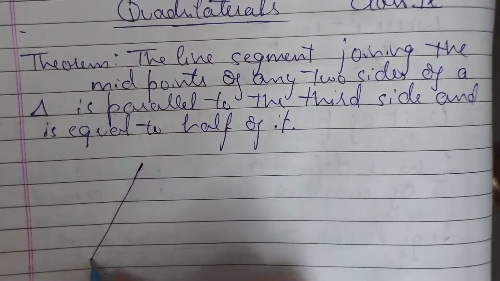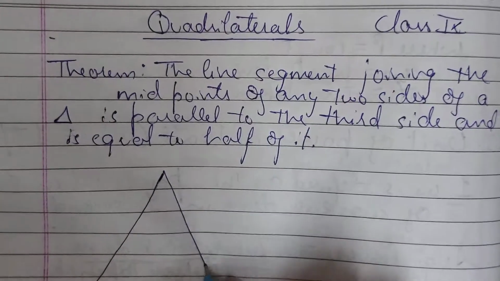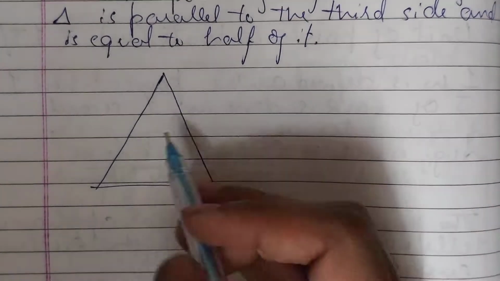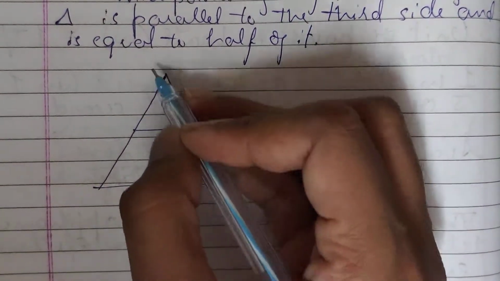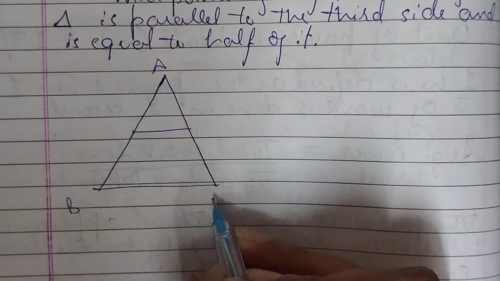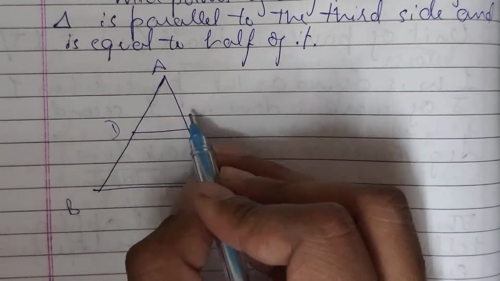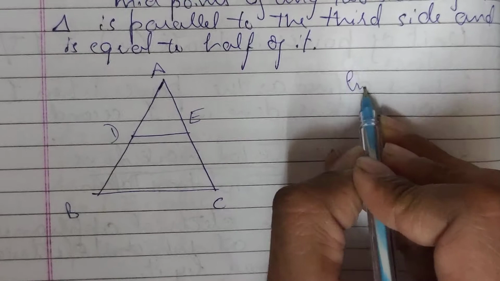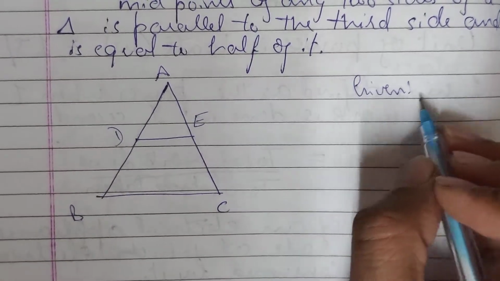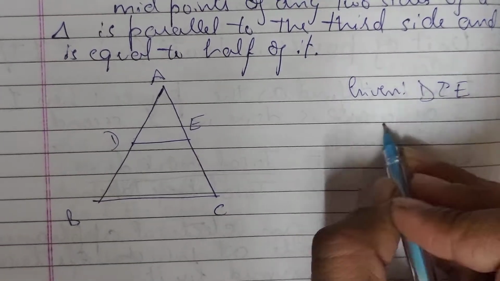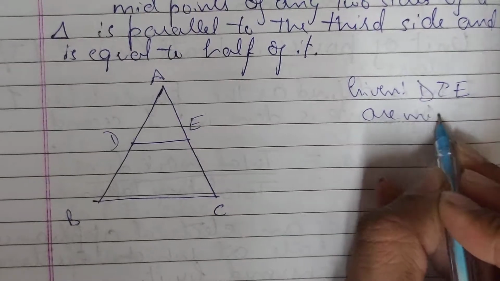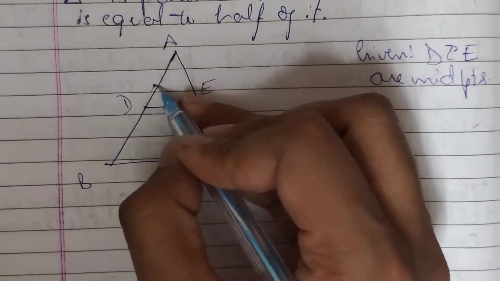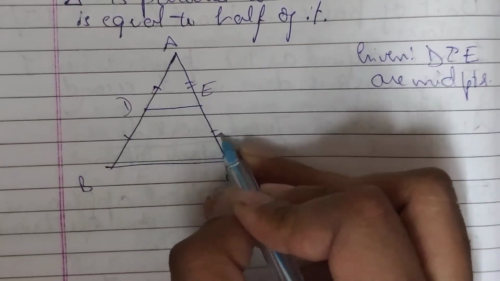Which means, suppose this is a triangle ABC, and the line segment joins the midpoints of two sides. Suppose this is D and this is E. Given: D and E are midpoints, so this side is equal to this one and this side is equal to this one.